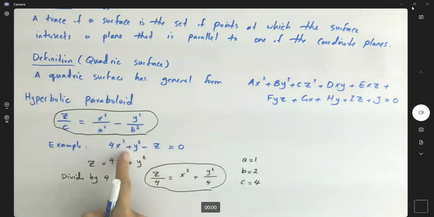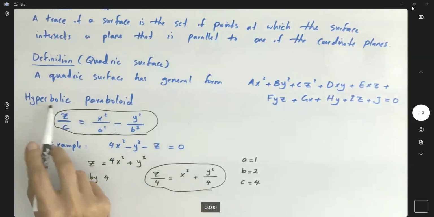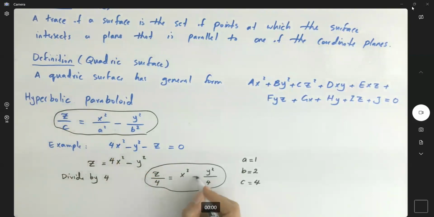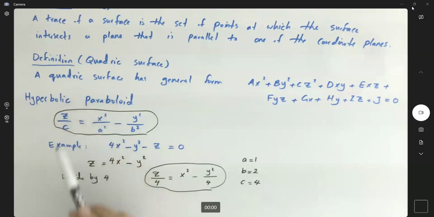So if I change this equation into 4x squared minus y squared minus z equal to 0, I convert that into a hyperbolic paraboloid. You have z over c, which is in this case 4, equals x squared divided by 1 squared minus y squared over 4. A is 1, b is 2, and c is 4. And here you have the equation of a hyperbolic paraboloid.